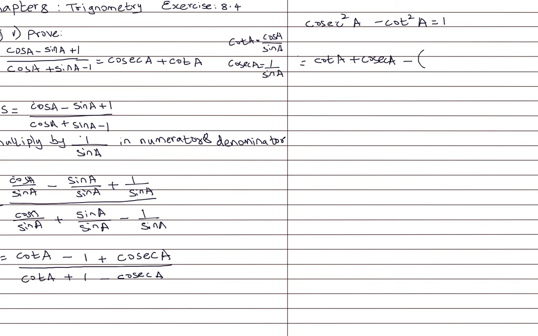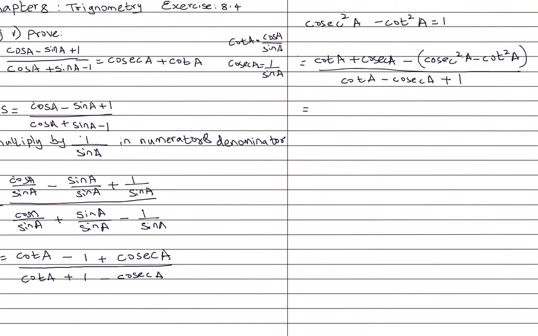Instead of 1 I will write cosecant square A minus cot square A, divided by, I am going to write the denominator as it is, cot A minus cosecant A plus 1.